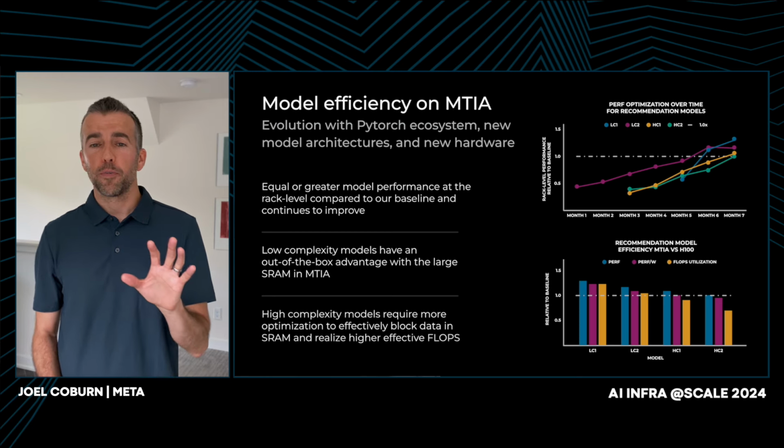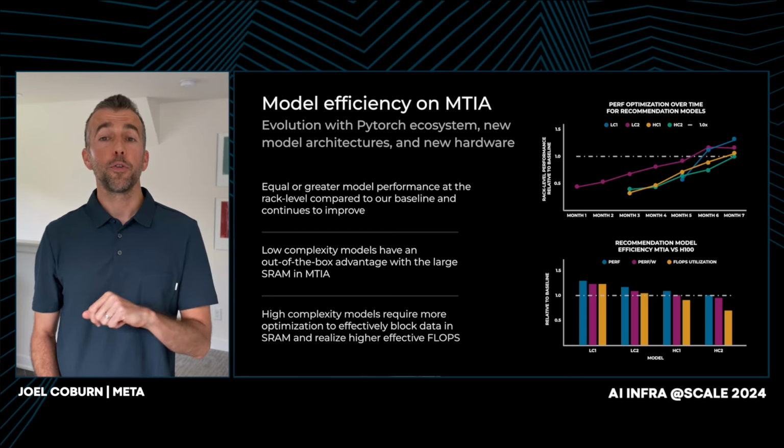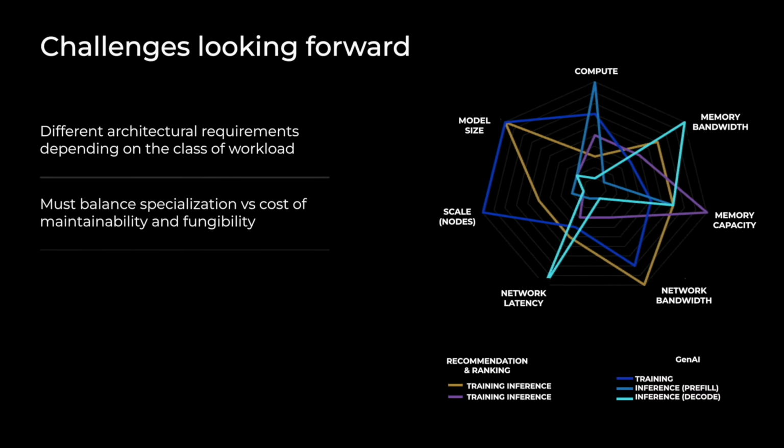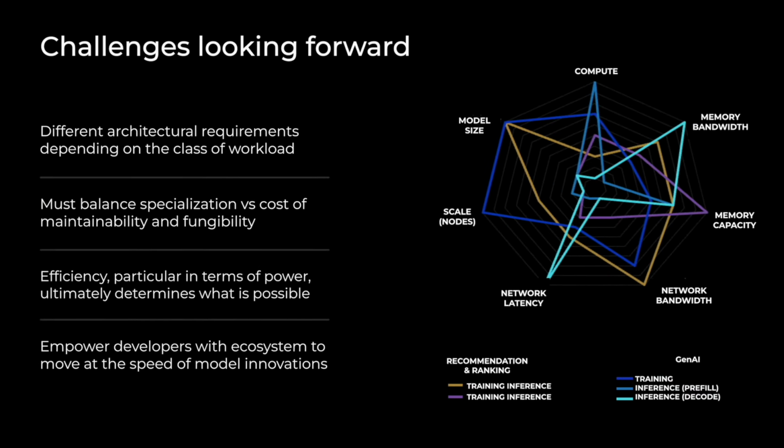So now that we've seen some results, let's look at some of the opportunities for MTIA going forward. The graph on the right shows that there are different architectural requirements depending on the class of workload. And the class of workloads also changes over time. So when we first were designing MTIA, we focused on recommendation and ranking models, but now we're also focusing on Gen AI.